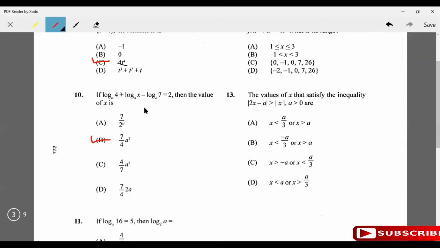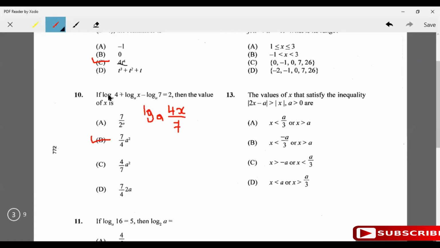So right here, first we're going to have to write it as 1 logarithm. I don't like to write log, I always write lg for log. Right? lg, log, whatever you want to write. So the log of 4x over 7, that's when you write it as 1 logarithm.